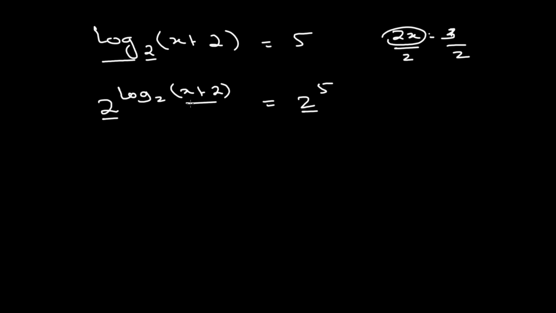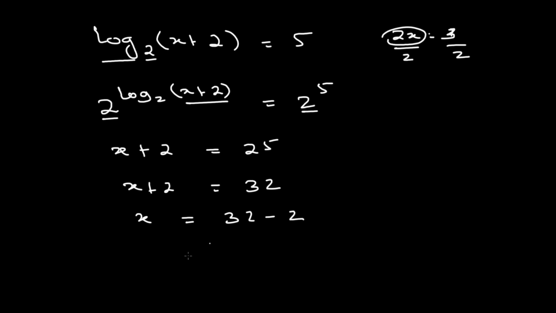This reduces to the value of this. So this becomes x plus 2 equal to 2 power 5, so x plus 2 equals 32. We do the same thing here, 32 minus 2, so we get x is equal to 30.